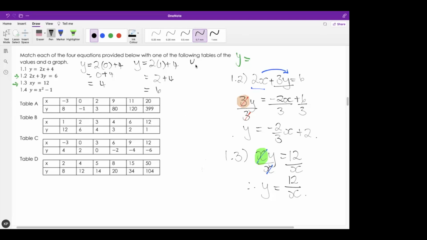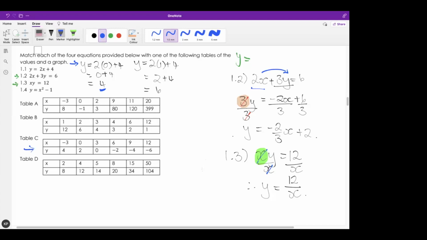Table C, y equals. We have another 2 times 0. We don't have to do the calculation all over again. We already substituted 0 here. Do you see that? And when we substituted 0, our outcome was 4. Does that match with table C?